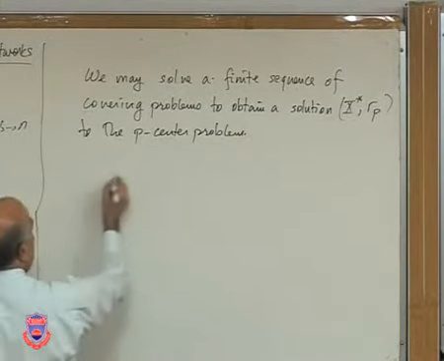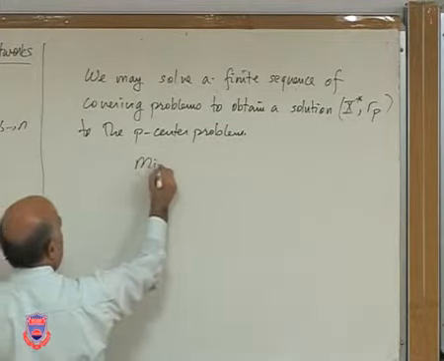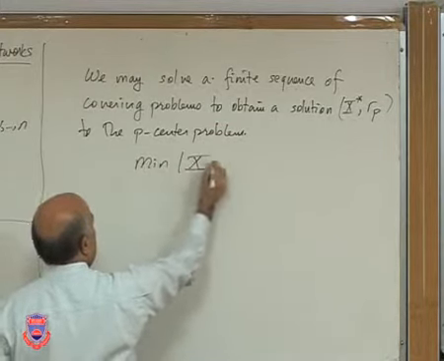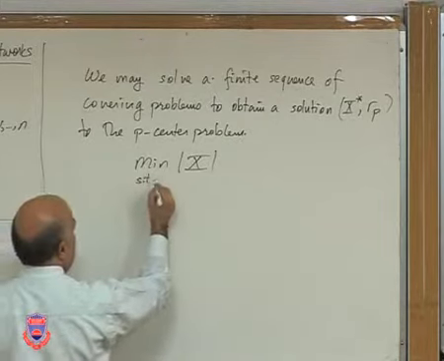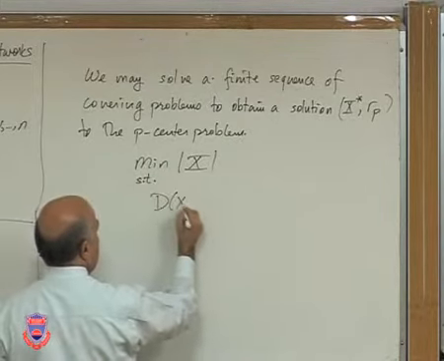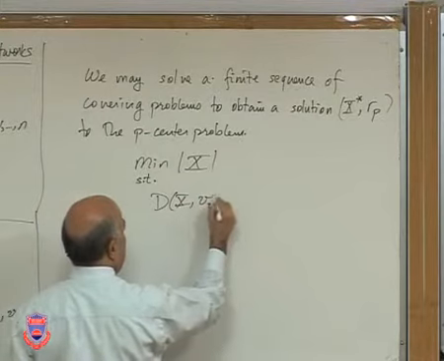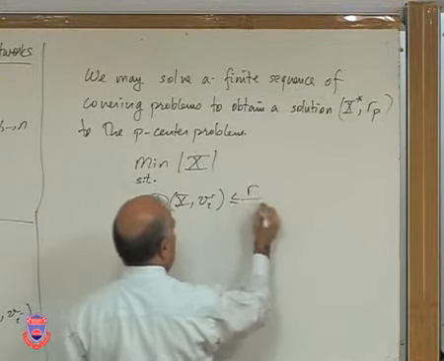In the covering problem, we try to minimize, again, the cardinality of x subject to d(x, vi) less than or equal to r over wi.